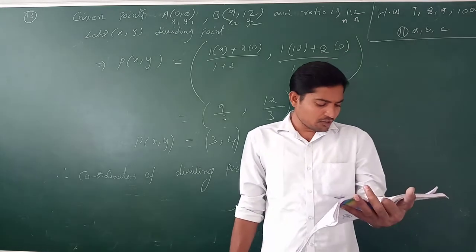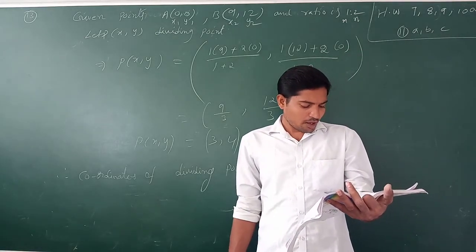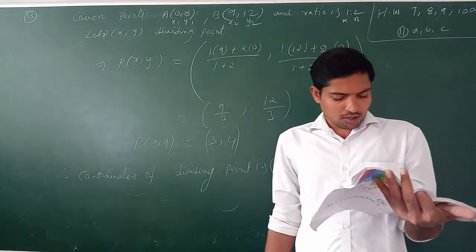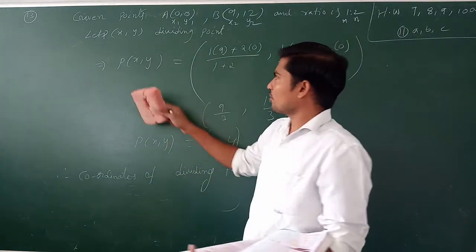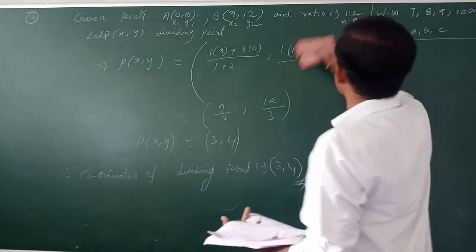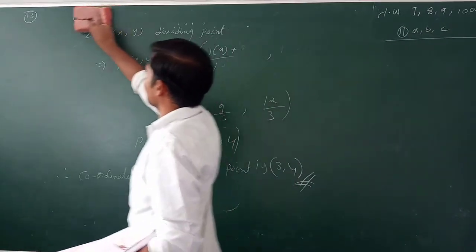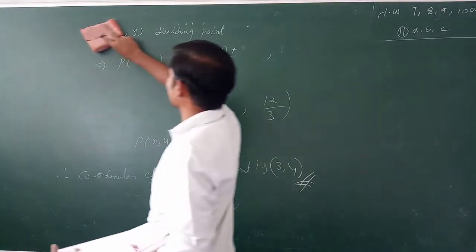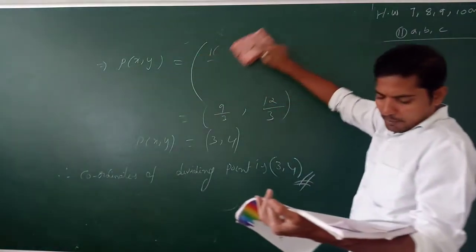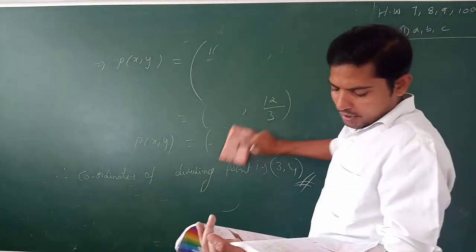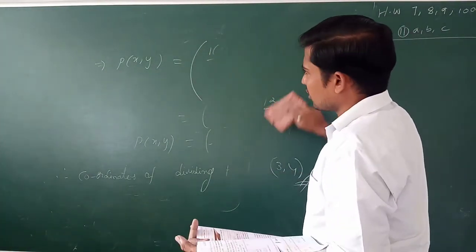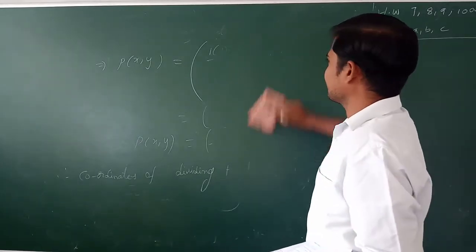The point which divides the line segment joining in a ratio, same process. Here a plus b, a minus b has been given, but before that only numbers are given.